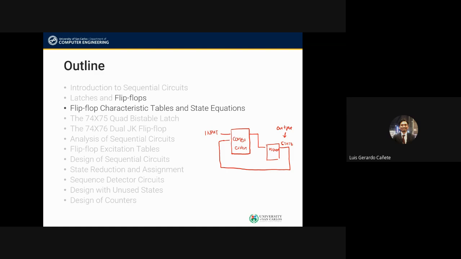If you have time, try to look at this. This is the generalization of something that says that the state is a function of the input and the current state.